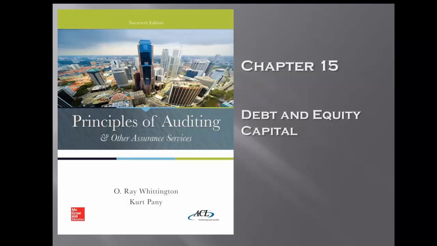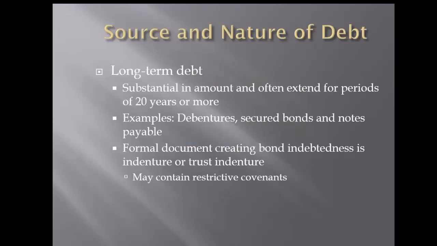And we are essentially going to be focusing on the substantive procedures as opposed to reliance on our test of controls. Long-term debt is substantial in amount and often extends over a long period of time, maybe 20 years or more. If you have a mortgage, that may be a 30-year mortgage. Examples may be debentures, secured bonds, and notes.